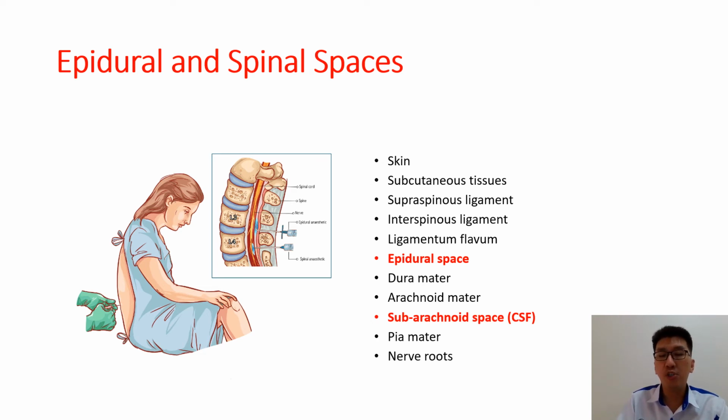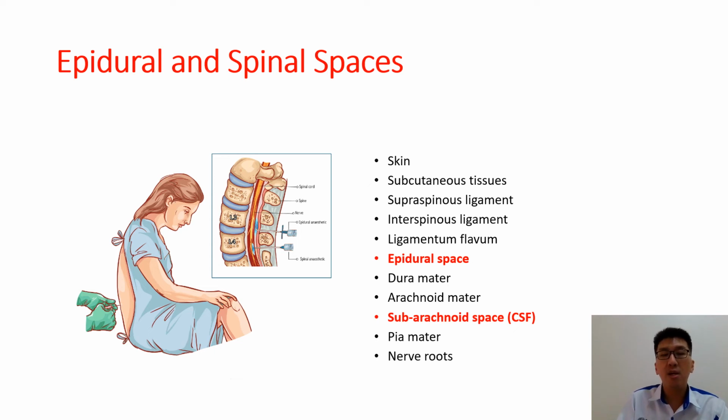After that, you go through the dura mater, arachnoid mater, and the subarachnoid space which contains the cerebrospinal fluid. That is the place where we perform spinal anesthesia and insert our drugs, the heavy bupivacaine and the fentanyl. If you go further, you penetrate the pia mater and the nerve roots.